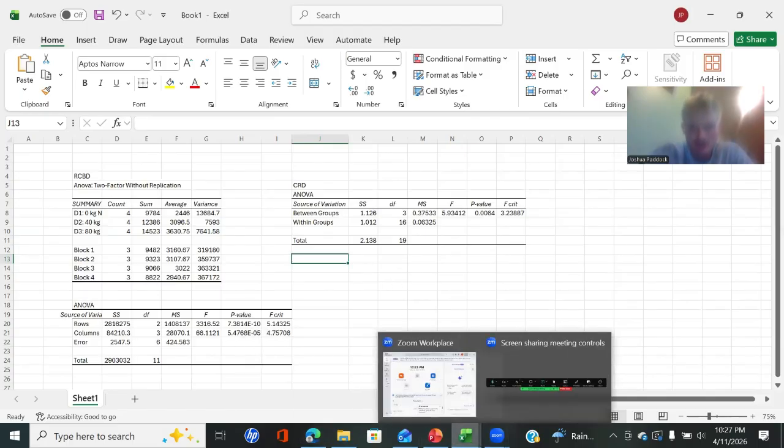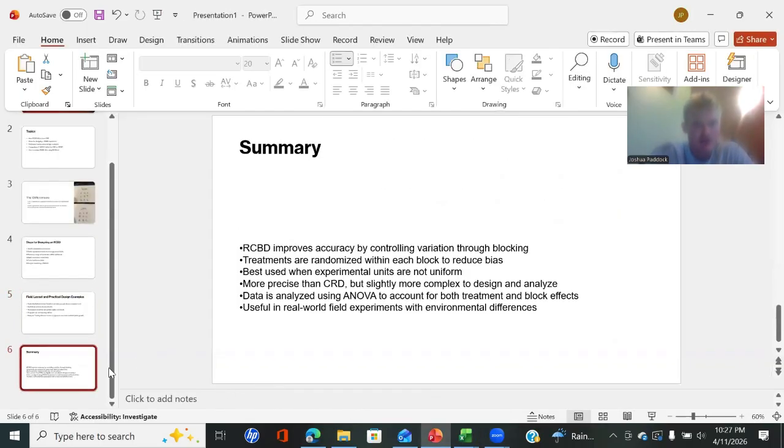I believe that is all. RCBD improves accuracy by controlling variation through blocking. Treatments are randomized within each block to reduce bias. It is best used when experimental units are not uniform.